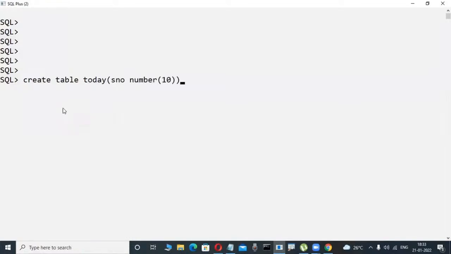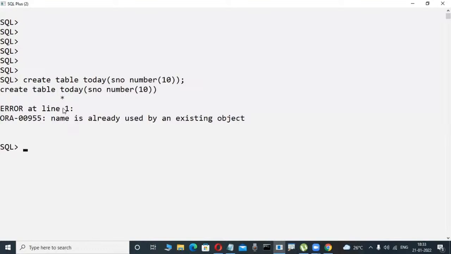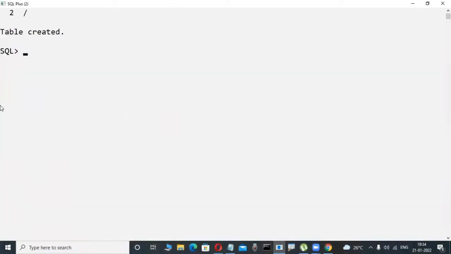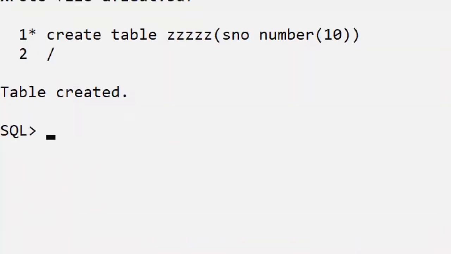Slowly observe it here, concentrate here. Suppose Z is a table. Observe here, Z is a table. For example, I am creating it.